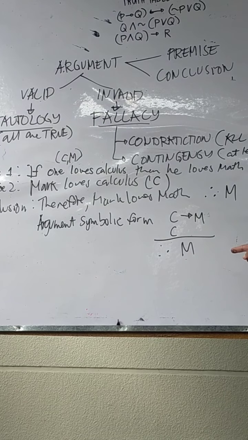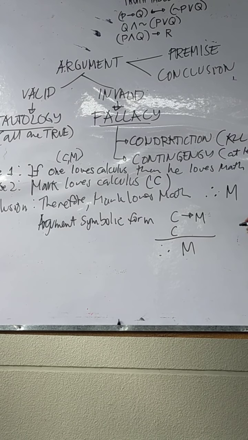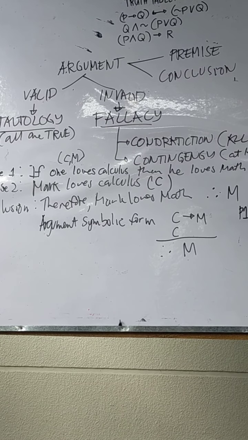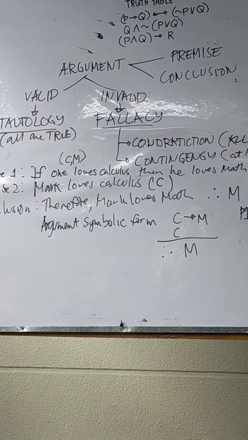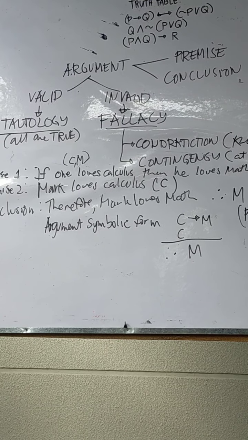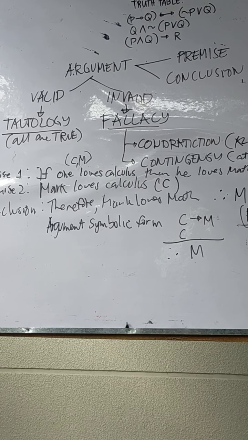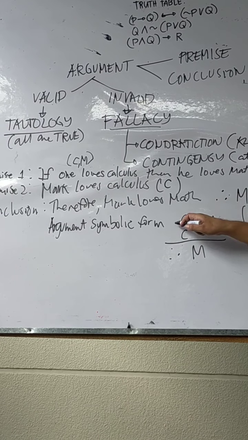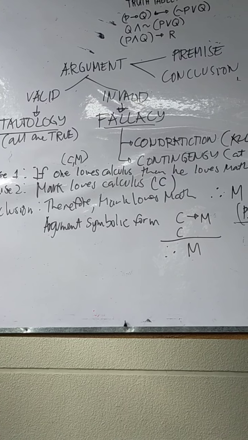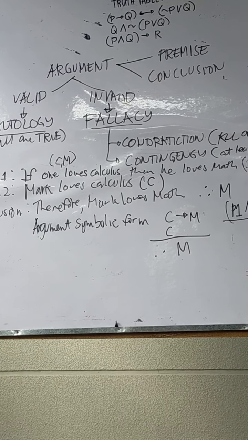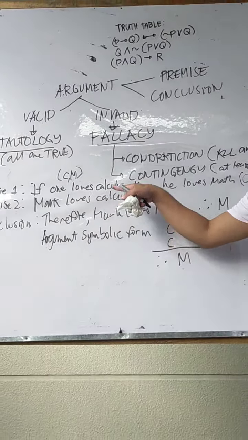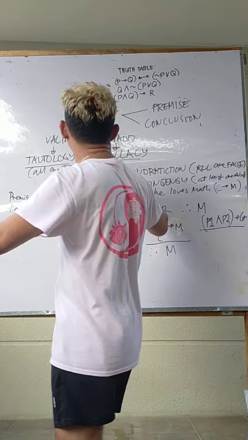And if we are going to write this in a truth table, don't forget that we have premise 1 and premise 2, and then the conclusion. So, allow me to write, or let us prove, if this argument is valid or invalid.